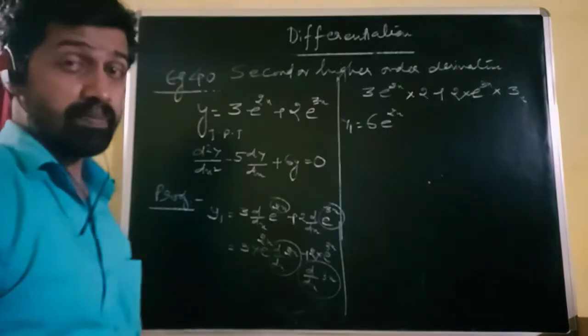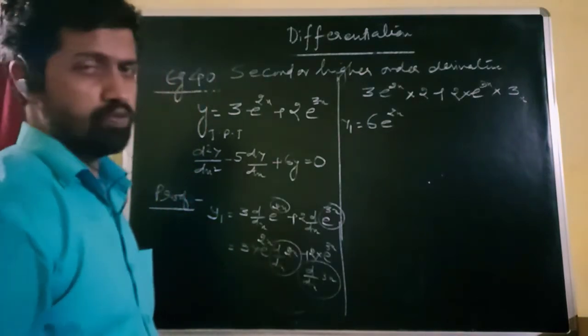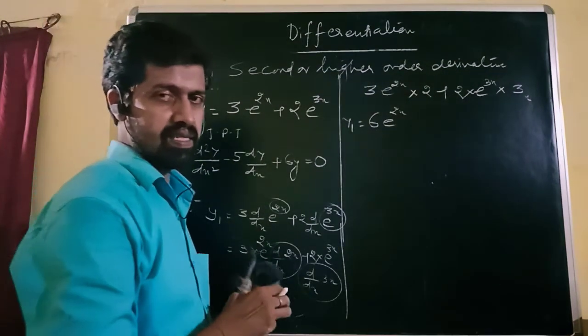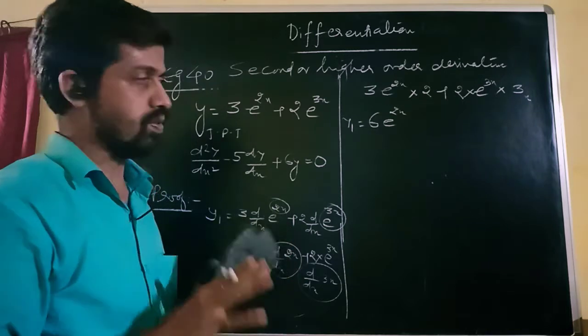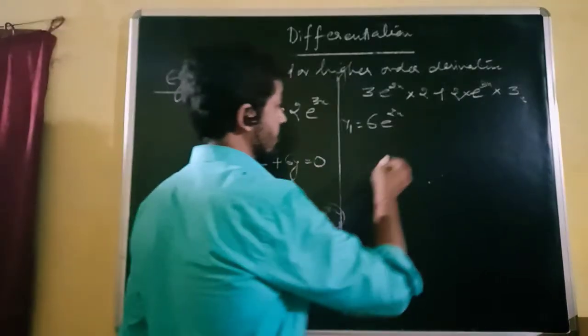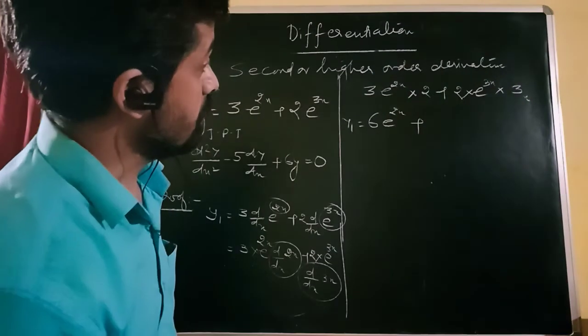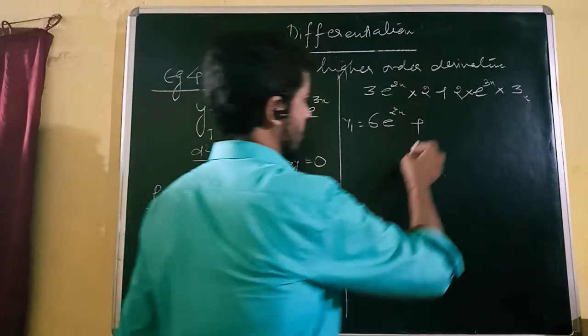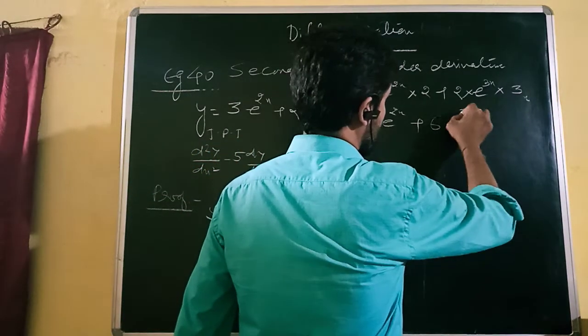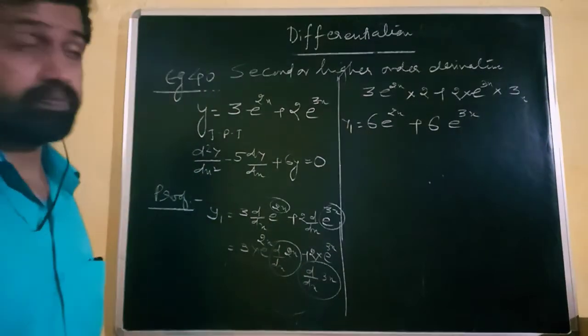As I said in the beginning, it is going to be slightly difficult. The previous cases we discussed had come out anyhow, but this is not going to come anyhow. We have to be more focused, more attentive. So 6 e to the power of 2x plus 6 e to the power of 3x. This we got as y1.